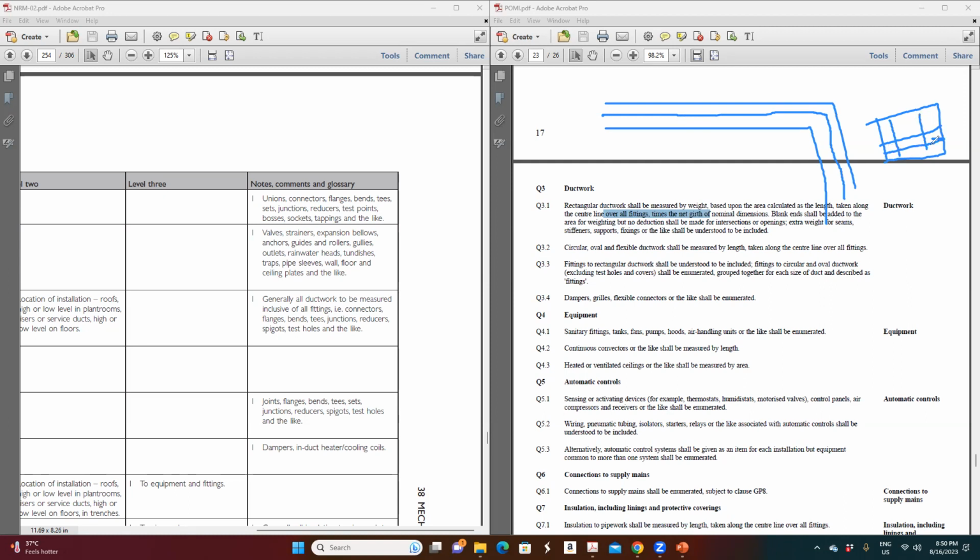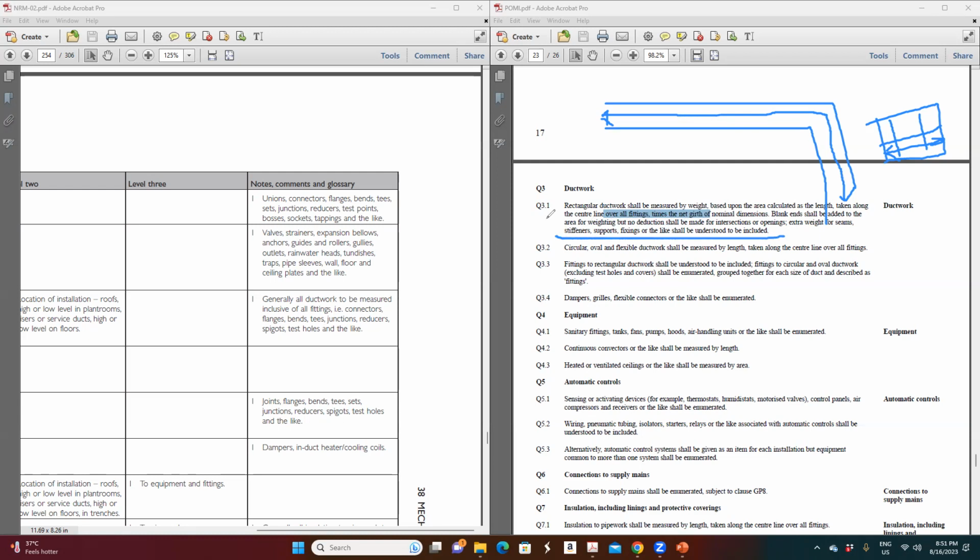So take this width times this length, you will get the area. Then you multiply by the density of the metal sheet, then you will get the weight. Then the fittings, girth, nominal dimension, blank ends shall be added to the area of the weight, but not deducted, shall be measured.